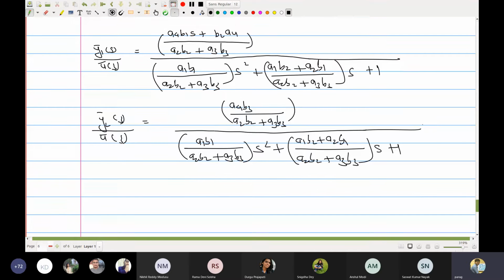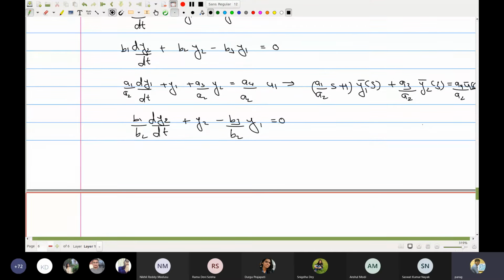So again, let me repeat the procedure. At least one step, let me write here quickly so that you will be in a position to do it. This will be b1 by b2 s plus 1 times y2 bar of s, minus b3 by b2 y1 bar of s, equal to 0.